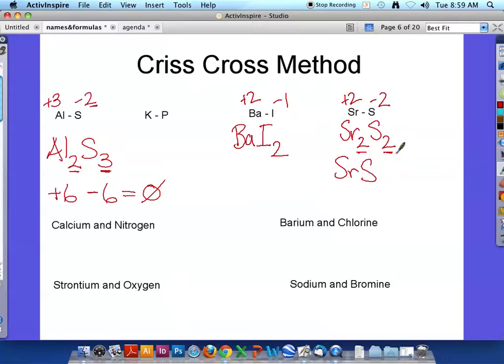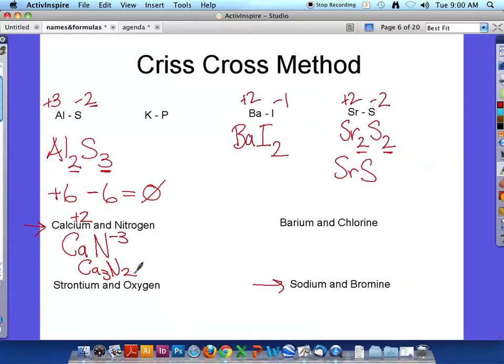Okay, let's do this one and this one. Find calcium. Number 20 is Ca. The charge on Ca is +2. Nitrogen, N, -3. So taking the 2 and the 3 and switching their locations, Ca3N2.